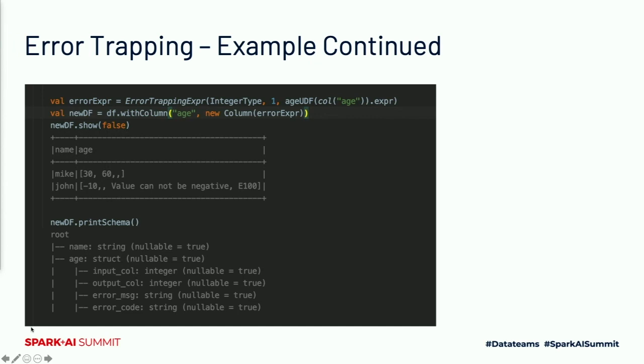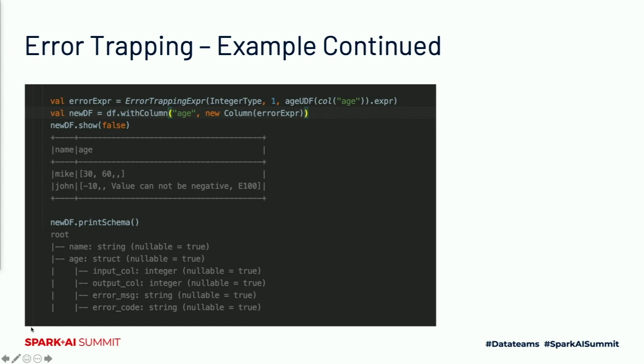In the first row, we see both the input and the output column. Input being 30 and output is 60 because we multiplied it by 2. But the error information is actually null because we could successfully convert this row. Whereas in the second row, we had a problem converting, therefore we don't have an output column value, which is null, but we do have the error information.